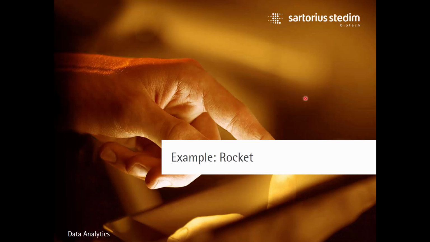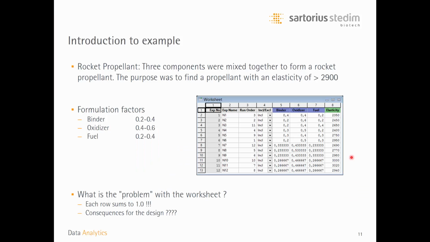We have now come to the second stage in this presentation, where we will look into the two applications, and we will start with the Rocket dataset, in which we have mixture factors only. The objective here was to blend three components in a mixture: the binder, the oxidizer, and the fuel, in order to form a rocket propellant.